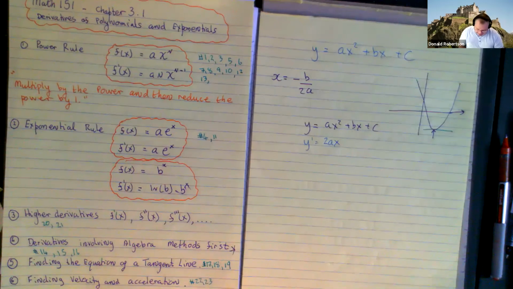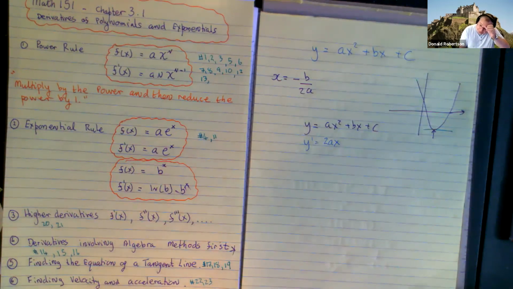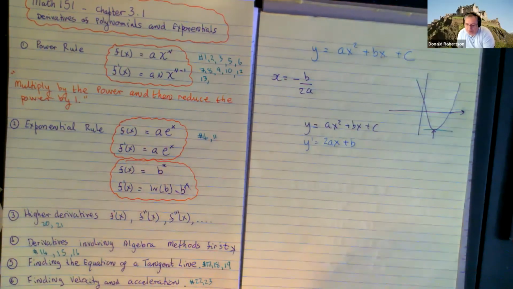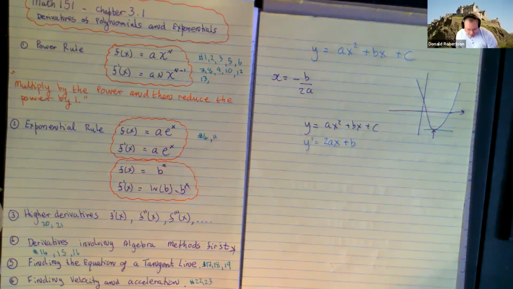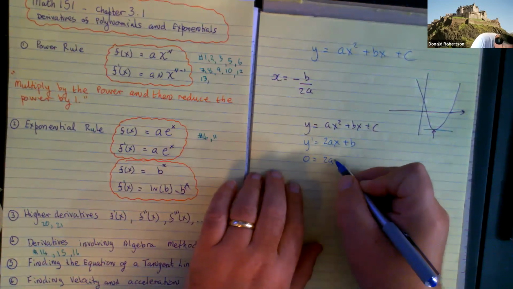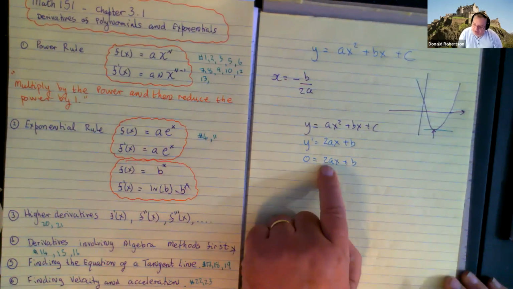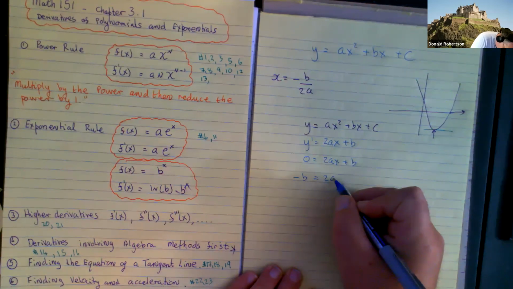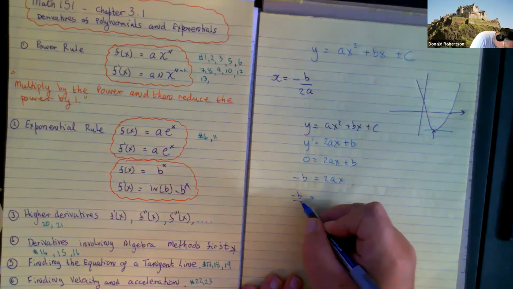What's the derivative of bx? b. And be careful here. What is the derivative of plus c? Nothing. 0. Gone. Now, if the derivative is 0, then all we need to do is find out for what value of x this equals 0. So how about subtracting b from both sides and then dividing both sides by 2a?